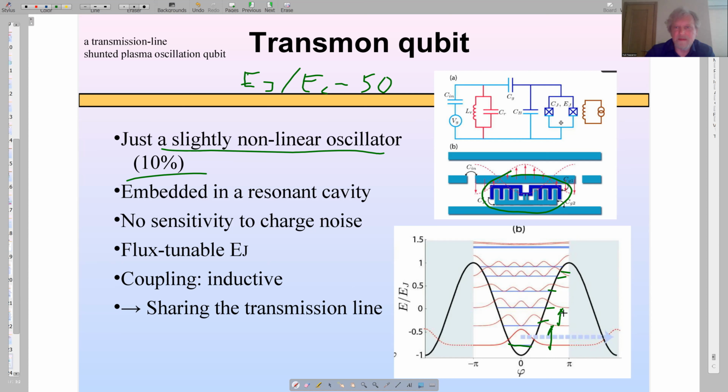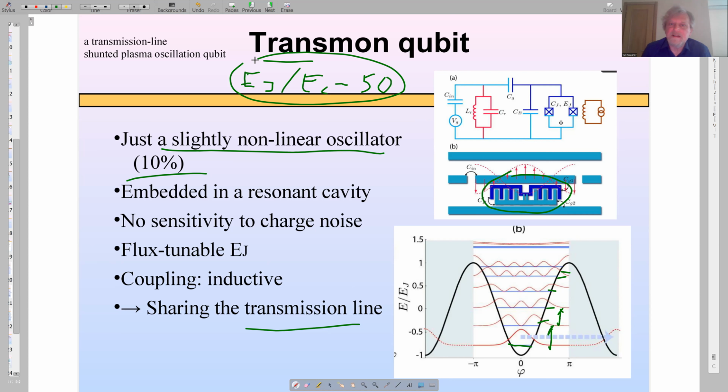But due to the cavity environment, due to the fact that resonant frequencies are pretty well defined, it is enough for all possible quantum manipulations. Right, so transmon comes from the fact that it's in a transmission line, and in fact, to improve on noise properties, big Josephson energy is a must. So it is just a slightly nonlinear oscillator.